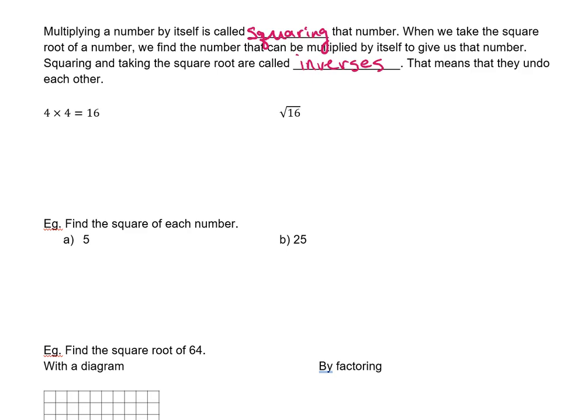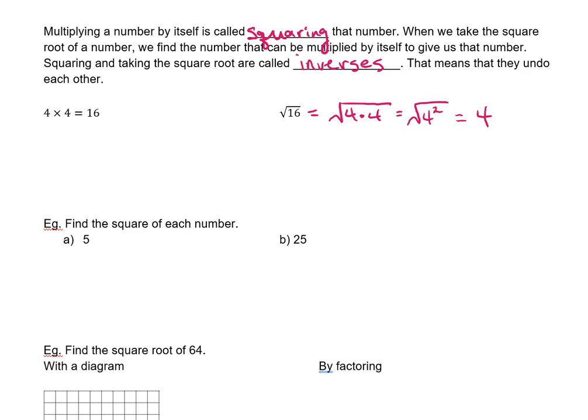So 4 times 4 is 16. The square root of 16 is equal to the square root of 4 times 4, which is the square, which is just 4. Because, oh, I'm going to actually add one thing in here, sorry. That's the square root of 4 squared, and that's just 4.